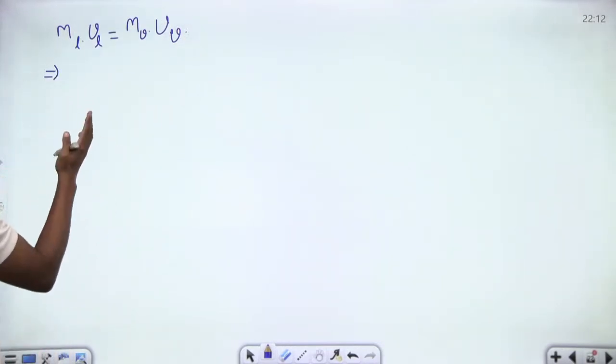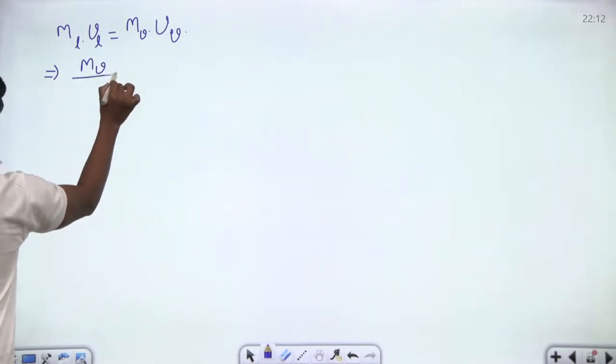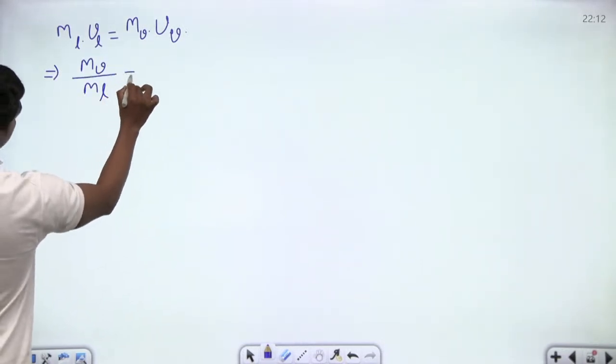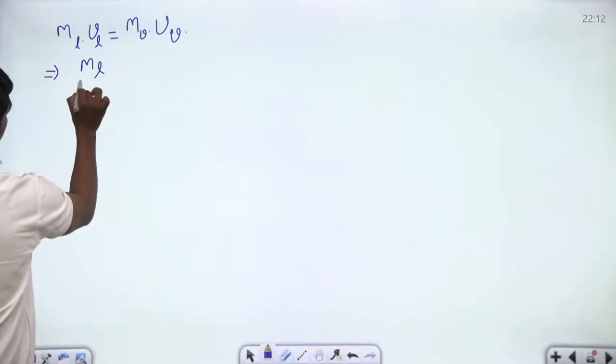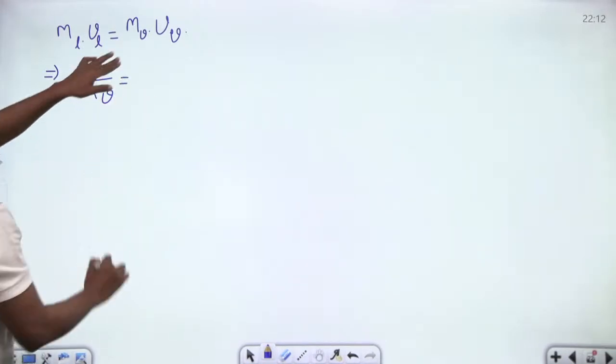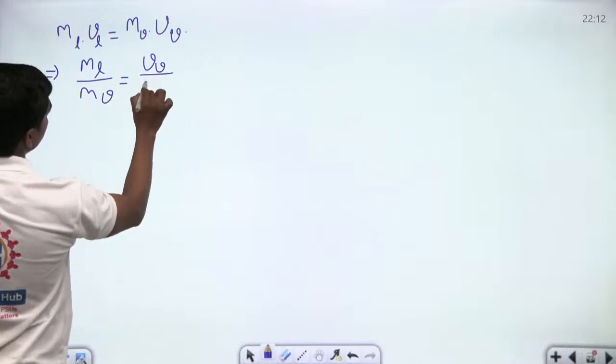Now we can just readjust the terms to some extent. Let us write mass of liquid divided by mass of vapor. This is equal to, if this mass of vapor comes to this side, then this VL goes down. So VV divided by VL.